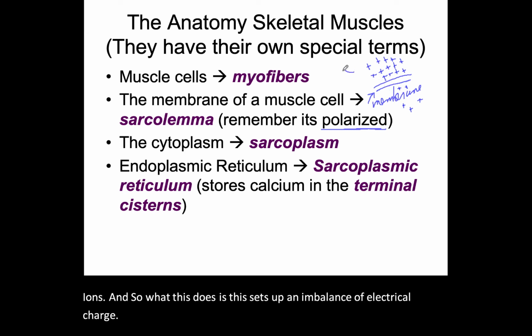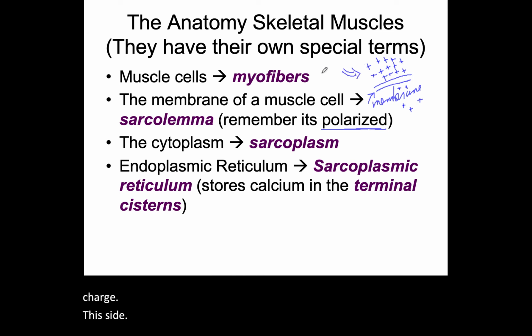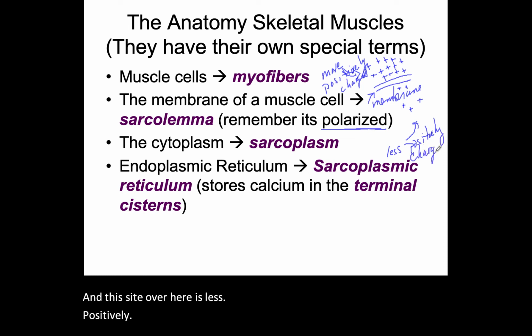This side over here is more positively charged, and this side over here is less positively charged.